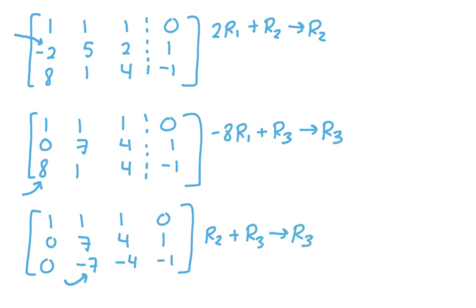And I did that prior to turning that 7 into a 1, only because row 2 and row 3 are just scalar multiples of each other. And when they're scalar multiples of each other, it is easier to get the third row zeros first and then turn that 7 into a leading 1, if that makes sense.